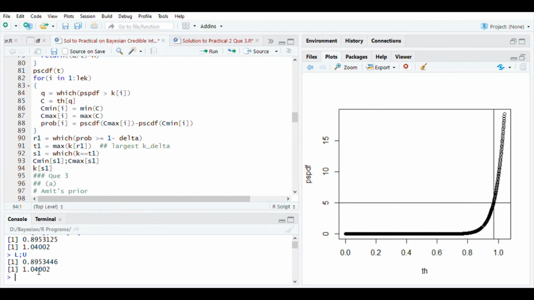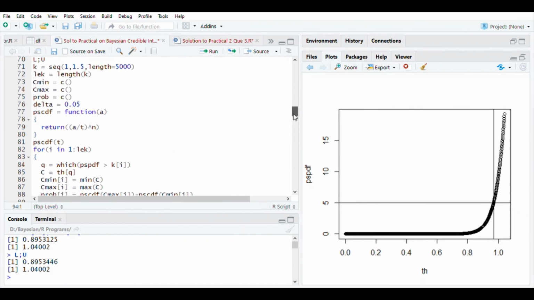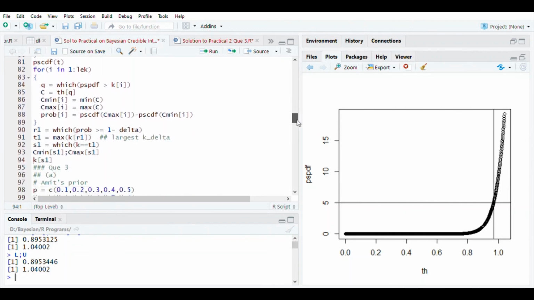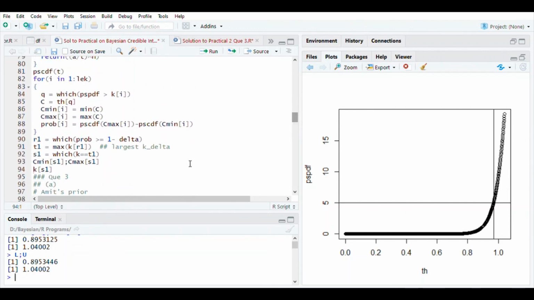If you notice, the lower limit earlier was 0.8953446, here it is 0.8953125. This much variation will definitely be there because we are taking values of k chosen by us. We are not considering an infinite set of values of k. Ultimately 5000 means we are dealing with a finite set of values of k. So this much difference is going to be there. But it looks like the highest posterior density credible interval is the same.